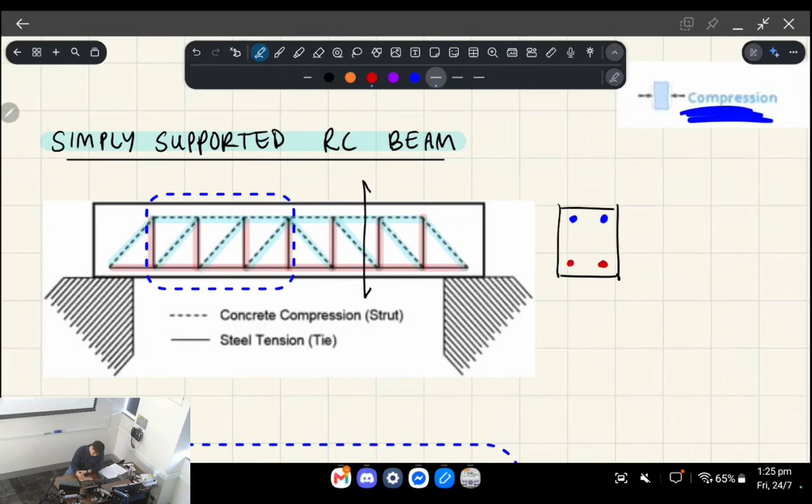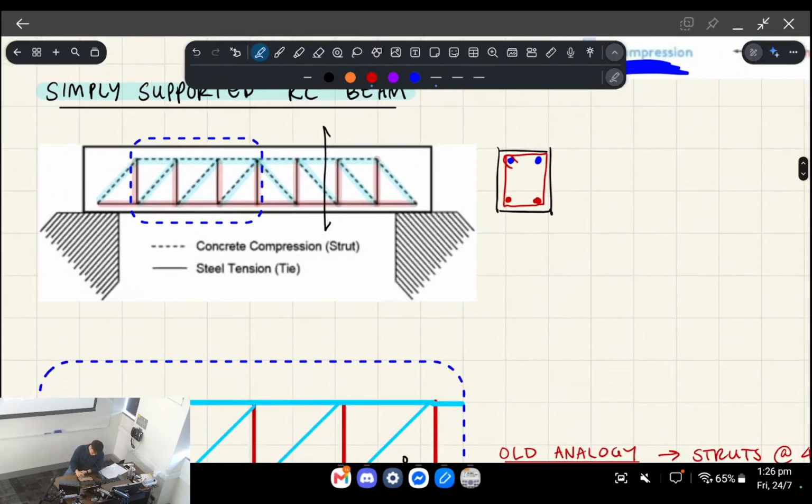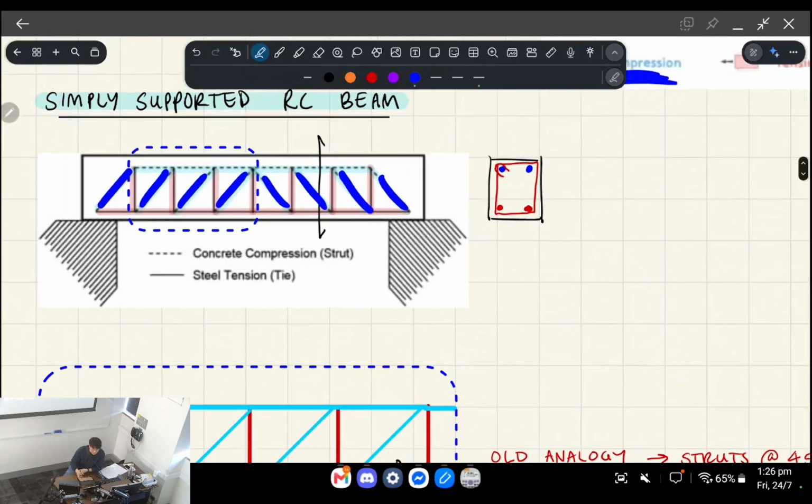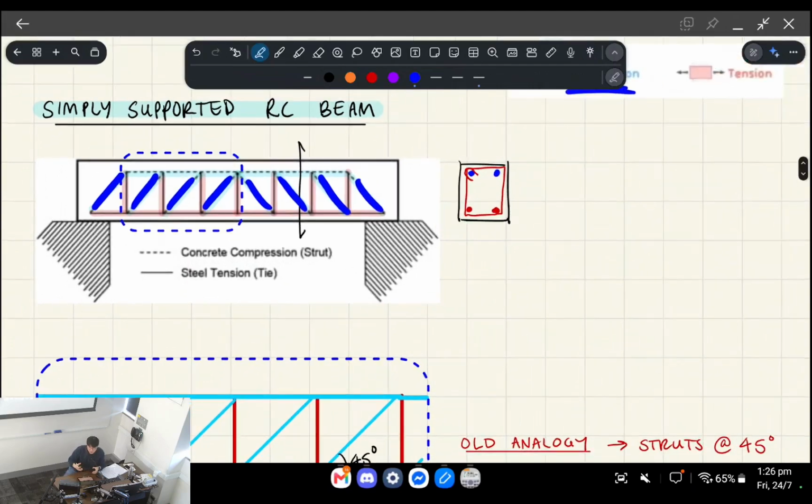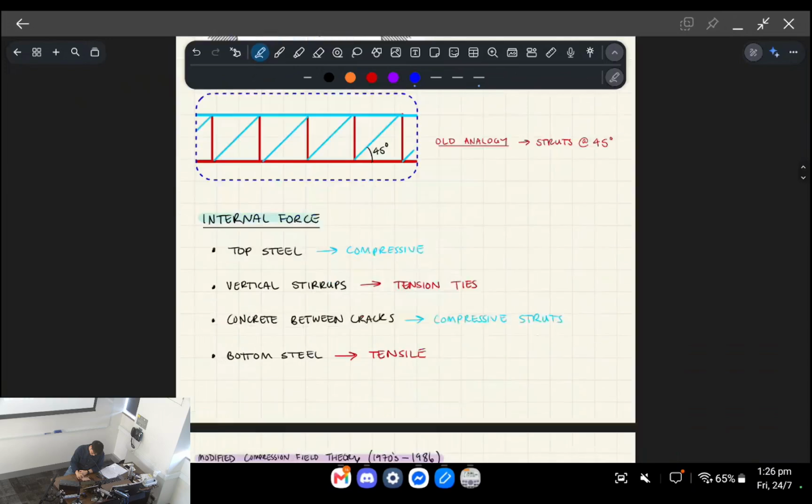And what we're saying is that the stirrups, or the shear reinforcement, act as vertical tension members, right? Holding up the concrete beam, okay? And we have these diagonal concrete struts, right, acting in compression, because we know that the concrete can take on compression but not tension. So these are how the two materials are interacting with each other in a truss-like manner, okay?